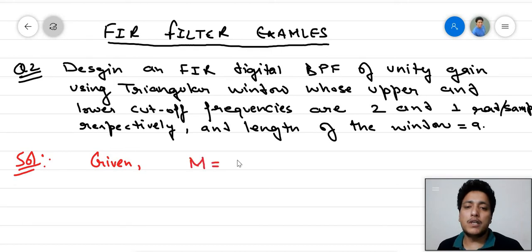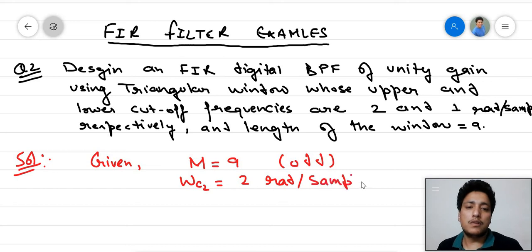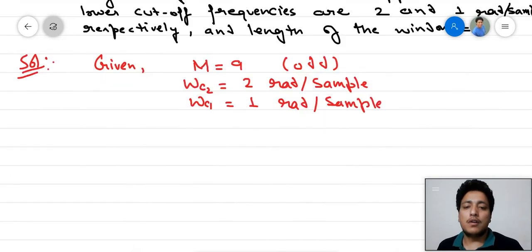M is equal to 9 in this case, which is odd. Second, omega C2 is the upper, so 2 radians per sample. Omega C1 is 1 radian per sample, as given.